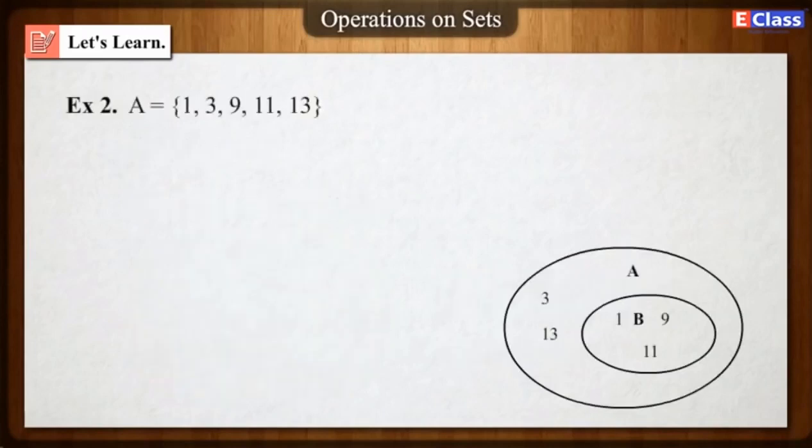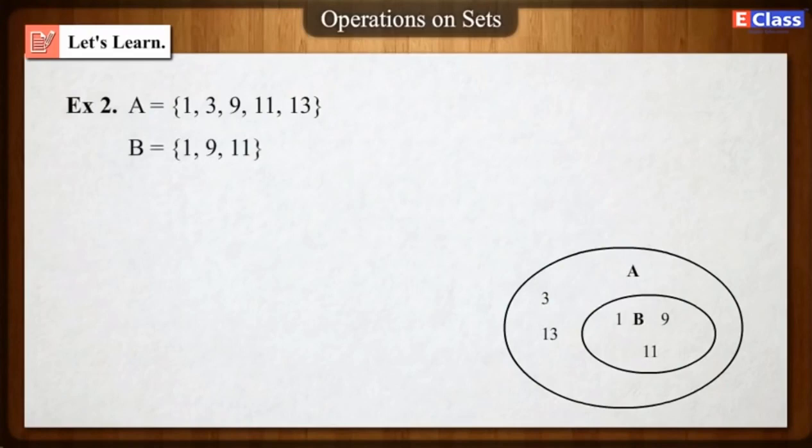Example 2. A is equal to {1, 3, 9, 11, 13}. B is equal to {1, 9, 11}.